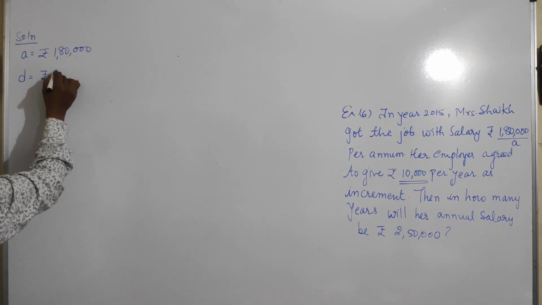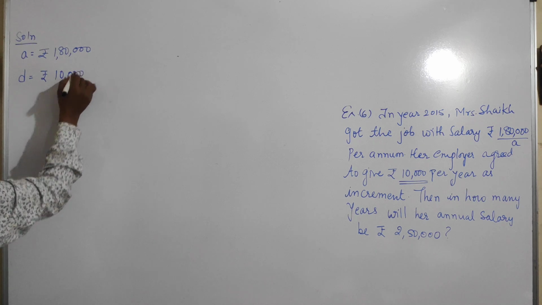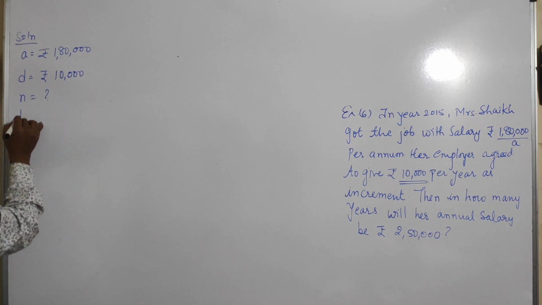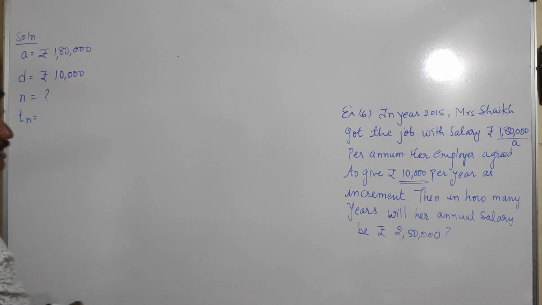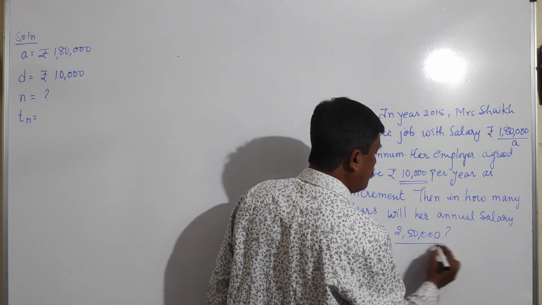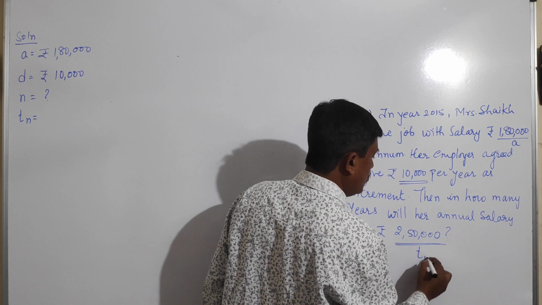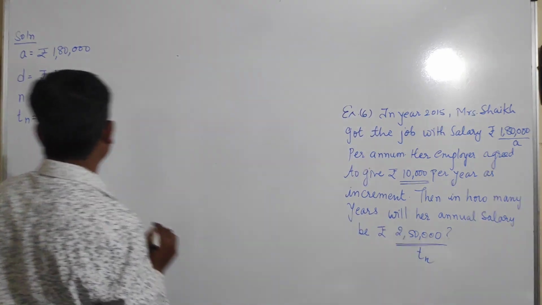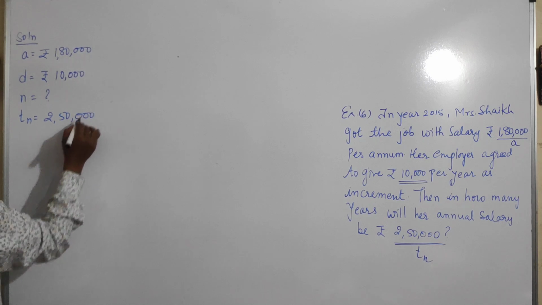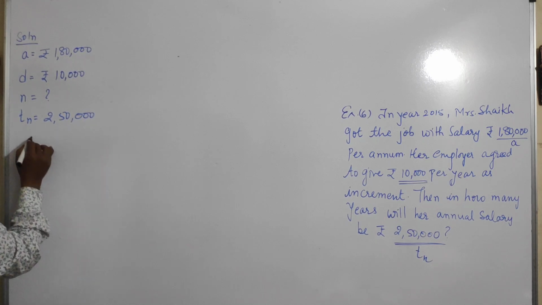The value of D is 10,000. What is the value of N? We have to find. What is the value of Tn? Tn means what? In which year her salary will be 2,50,000. This is your Tn, right? So Tn is 2,50,000.